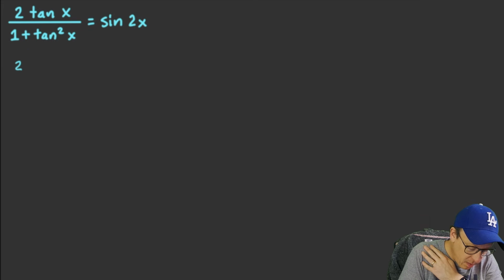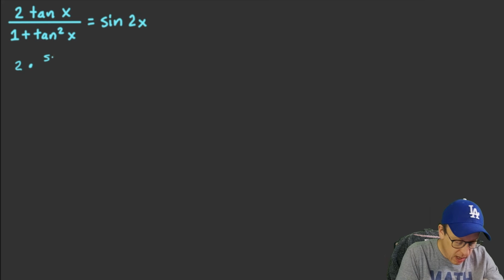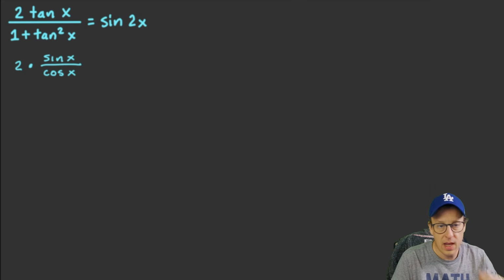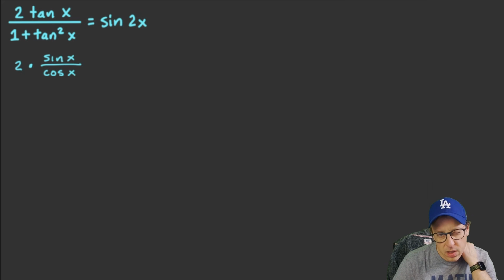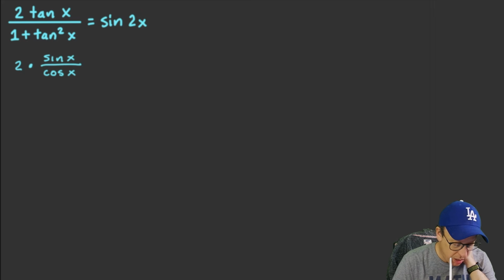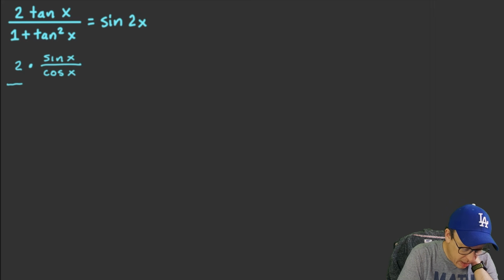Okay, so this is going to become 2 times the sine of x over the cosine of x. And can I also simplify that down? Yes, I am going to also do the same for the tangent on the bottom. So we're going to take this, put this here.